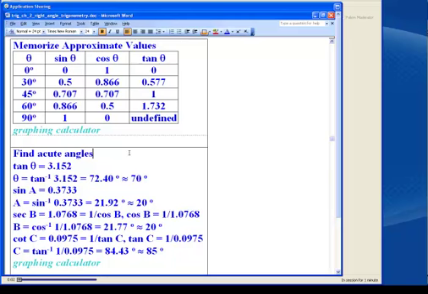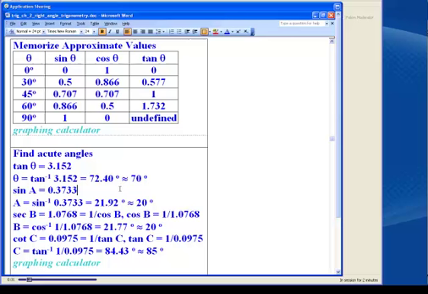Here's a short amendment to this lecture. I had forgotten to mention why it says find acute angles. Let's look at sine A equals 0.3733 as well as tangent theta equals 3.152. For sine A equals 0.3733, we come up with A equals 21.92 degrees.